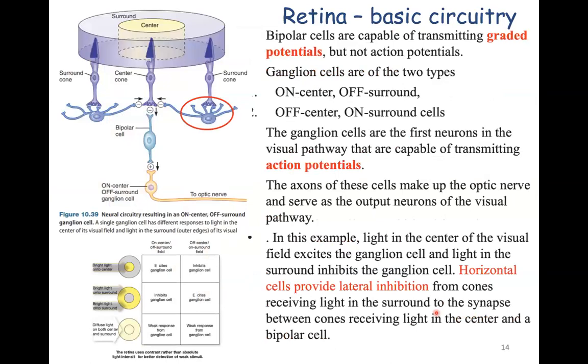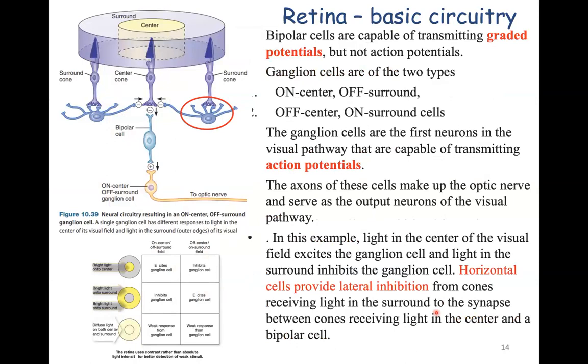All right, another thing. So bipolar cells are capable of transmitting graded potentials, but not action potentials. Now this raises the question, what is a graded potential? A graded potential is a variable strength signal that can be conveyed over small distances, and it can be of different intensities. However, an action potential is a massive depolarization, and it is transmitted over long distances.